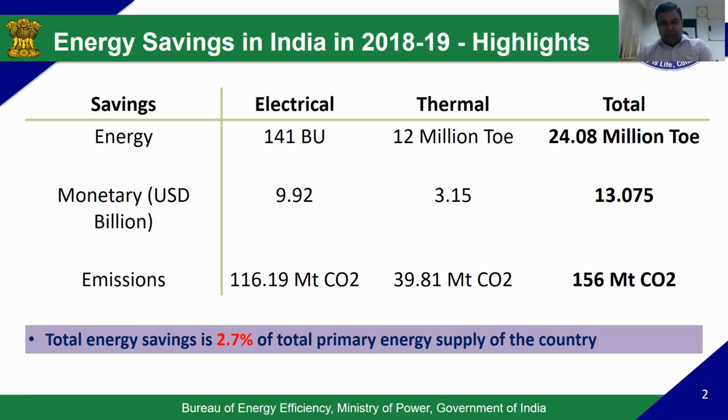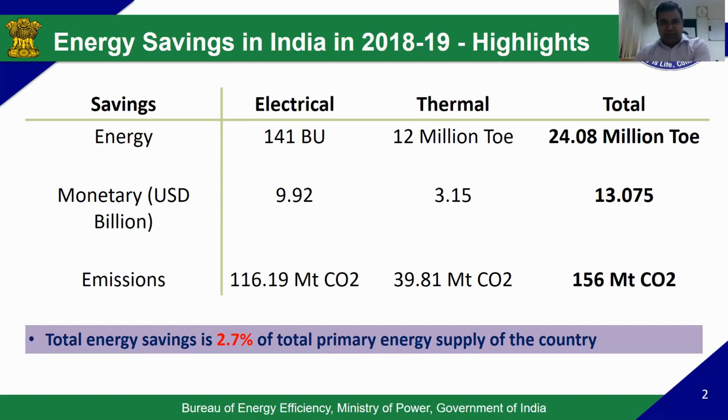So we have started collecting data, and based on our analysis, we have seen that in 2018-19 we could save around 140 billion units of electrical energy and around 12 million tons of oil equivalent of thermal energy. The major contributors to the electrical savings are our appliances scheme, the standards and labeling of appliances, and the Ujala scheme, wherein we provided LED bulbs to domestic consumers.